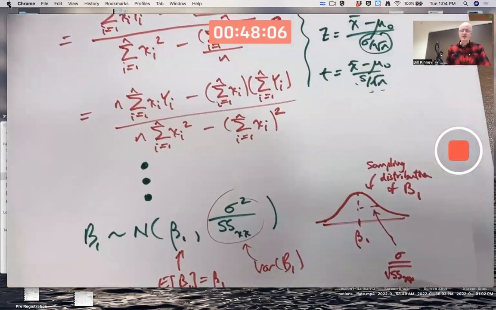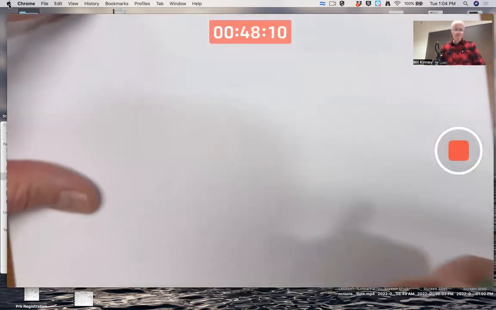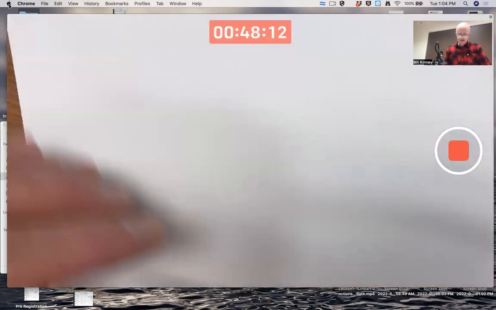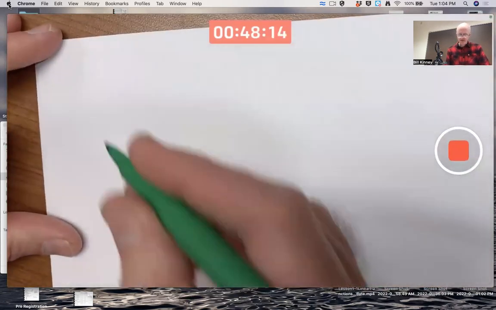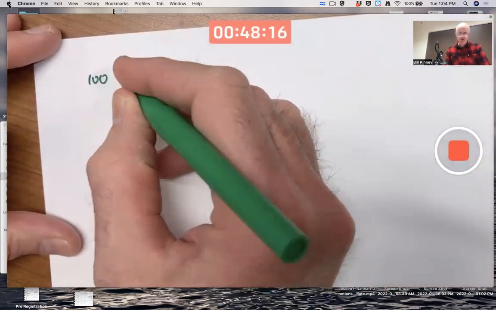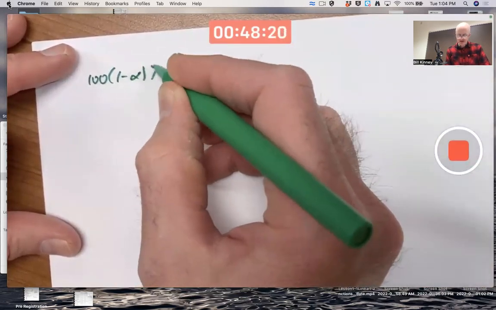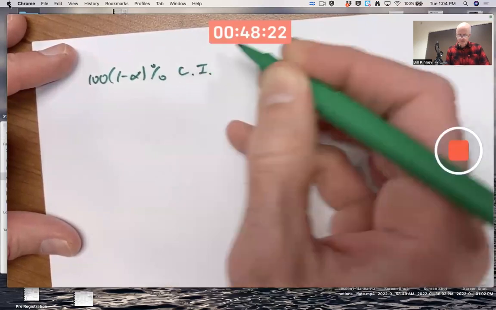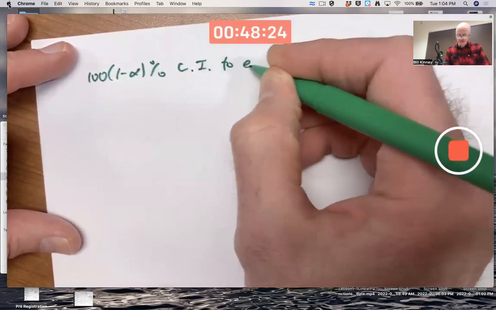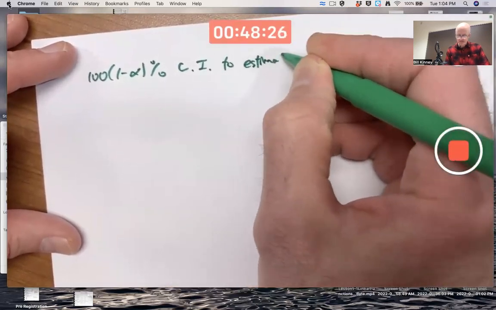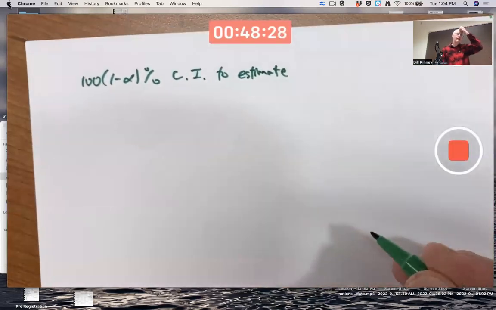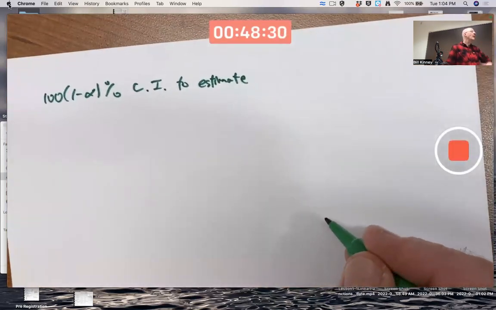We will go back to the spreadsheet here. We can come up with confidence intervals, 100 times 1 minus alpha % confidence interval, to estimate the mean of y when you know x.